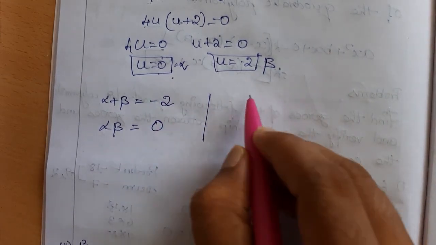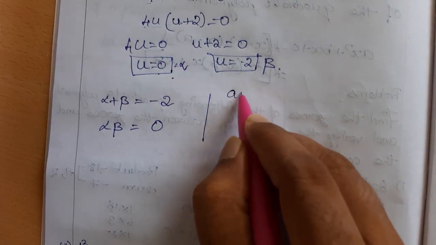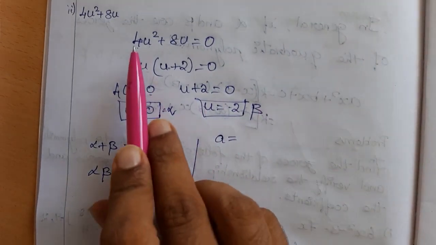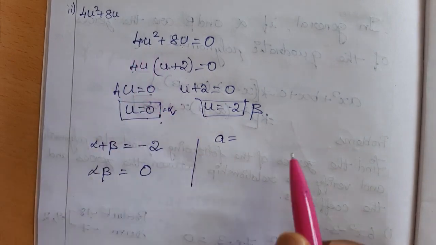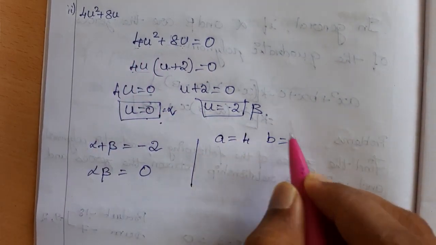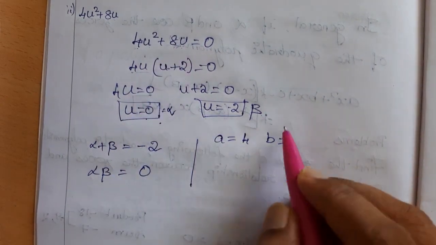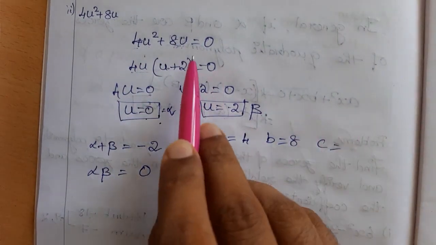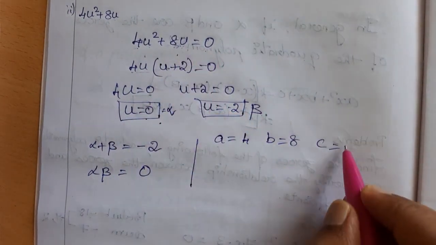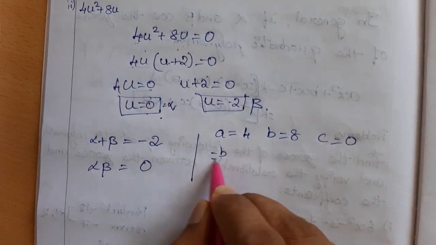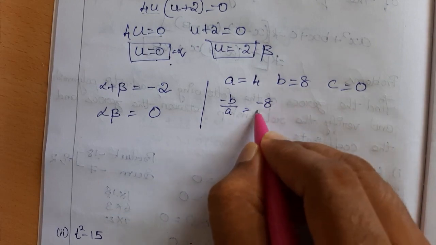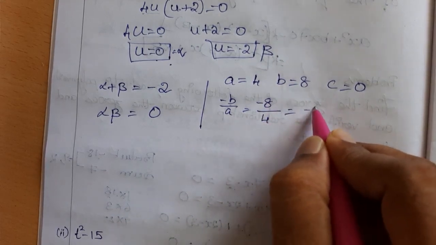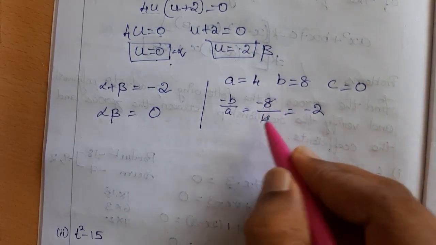So next for the coefficients, what is A? From the given polynomial, the coefficient of u square is 4, B is the coefficient of u, which is 8, and C is 0 since there is no constant term. So next, minus B by A is minus 8 by 4, so it is -2.